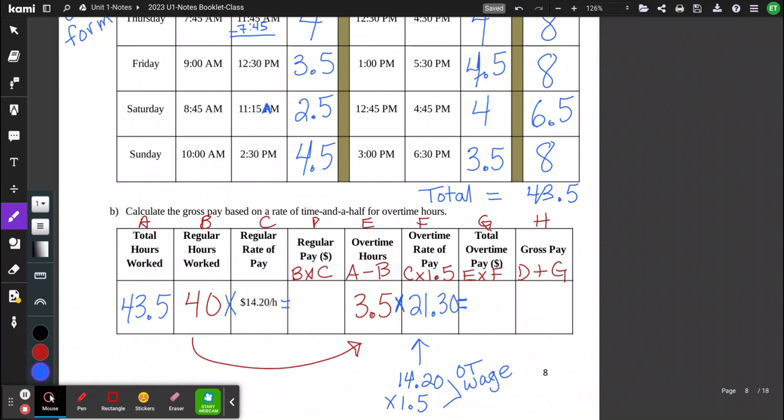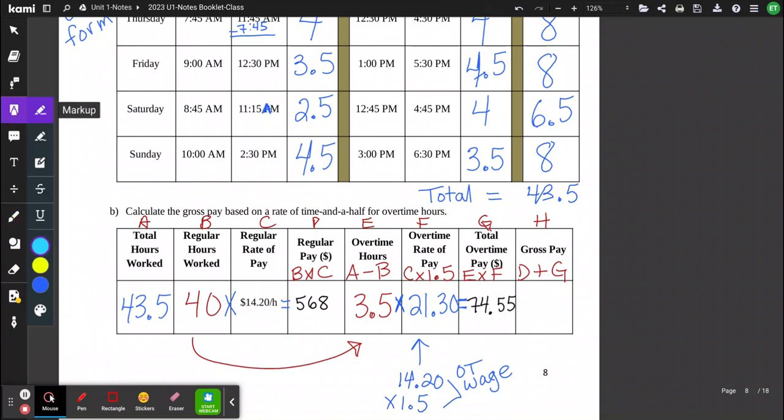All right, so 40 times $14.20. That's going to give us $568. Then I go to column G, the second last one, and I get E times F. That's going to give me $74.55.